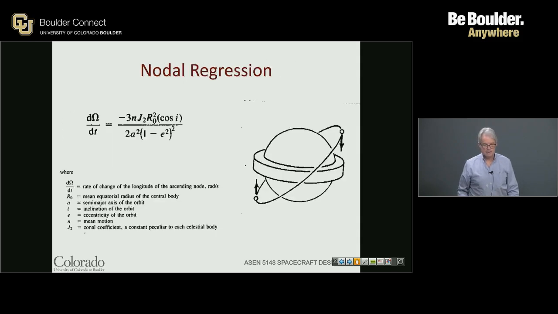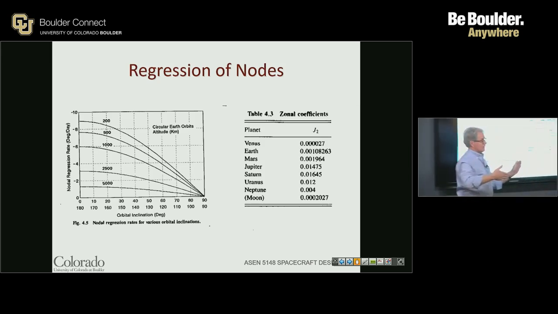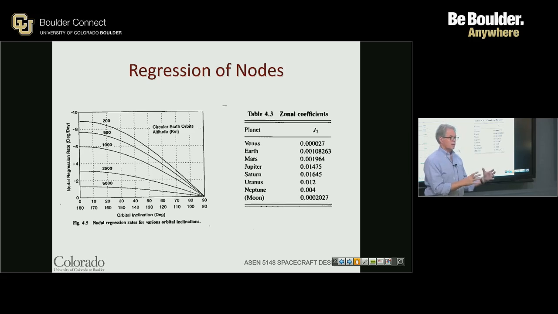Nodal regression we calculate with a somewhat similar computation, again looking at the J2 effect, the bulge around the Earth, and the fact that we've got angular momentum. It's neat because we can essentially march the orbit in a particular way around the body underneath it by choosing the right inclination.